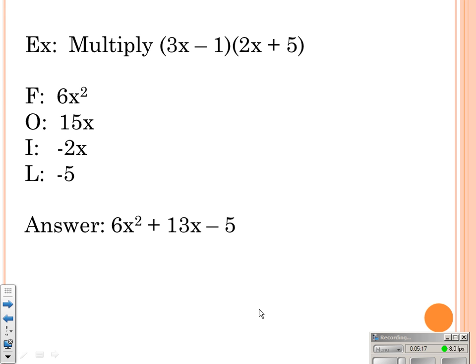And then the last terms of each would be the negative 1 times the 5 for a negative 5. Now when we FOIL, generally there's going to be some matches that we can condense and reduce for our final answer. So notice that the 15x and the negative 2x match. They can be combined to the 13x and we get our end answer, 6x squared plus 13x minus 5.